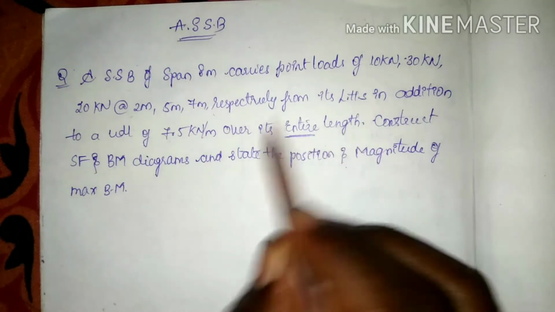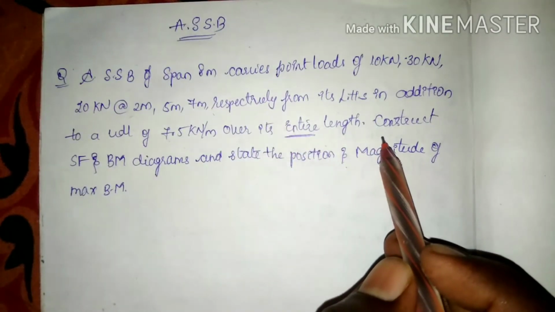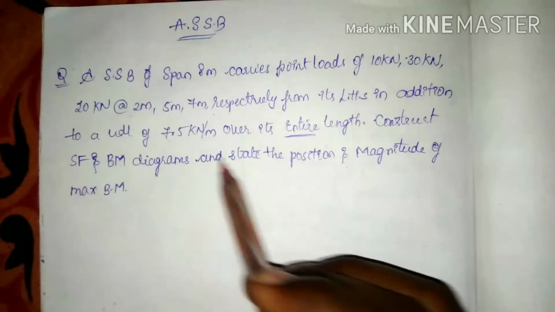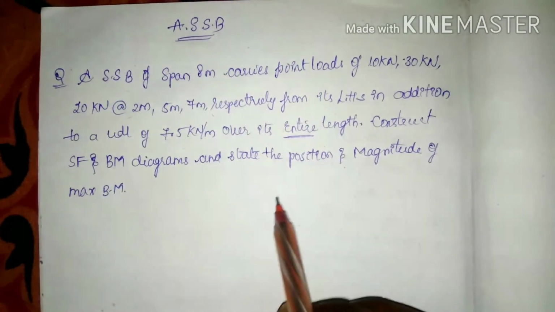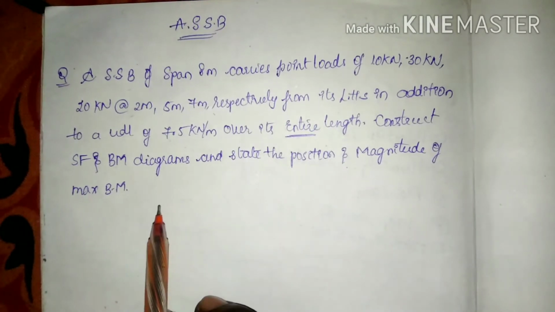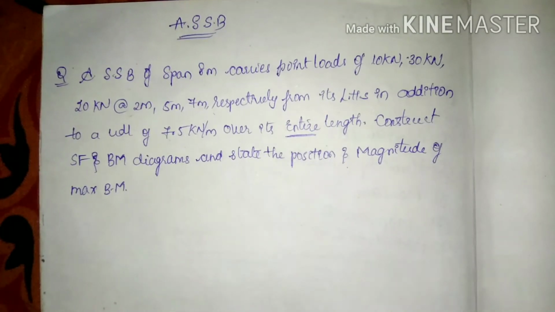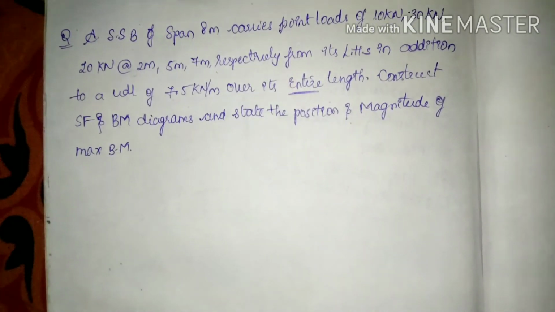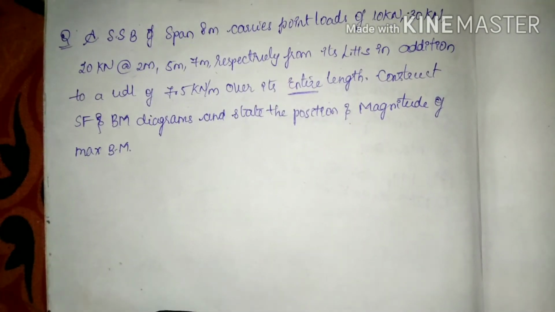For this data we have to construct the shear force and bending moment diagram, and state the position and magnitude of the maximum bending moment. To draw the diagram, let us follow our 5-step method.